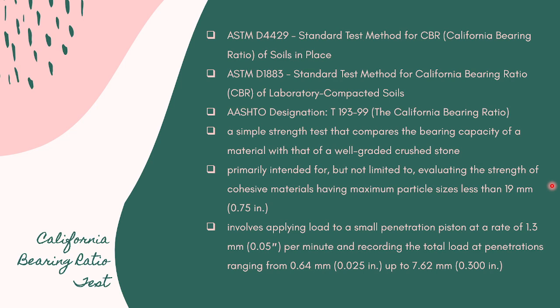So it involves applying a load to a small penetration piston at a rate of 1.3 mm per minute and recording the total load at penetrations ranging from 0.64 mm up to 7.62 mm.